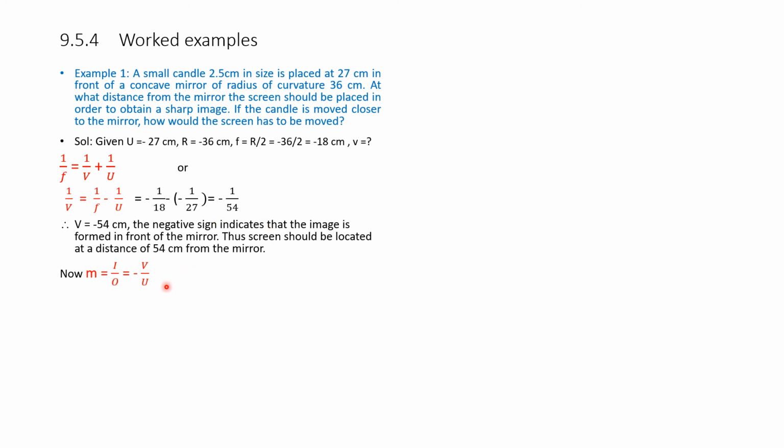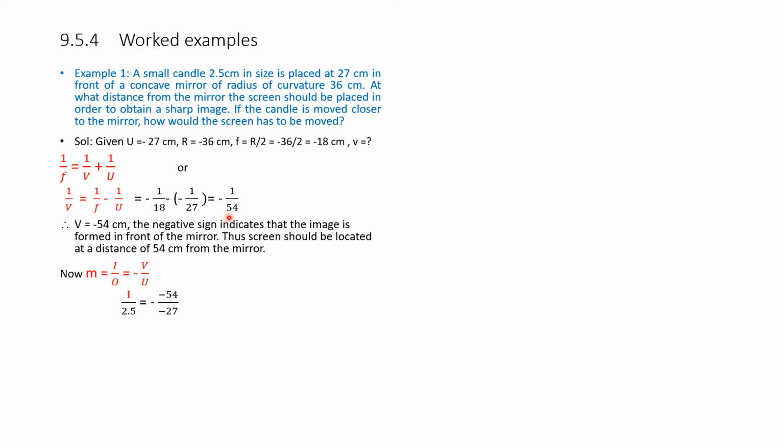Then magnification, now magnification also we have to find. We know magnification is given by the equation I by O is equal to minus of V by U, so I by 2.5 is equal to minus of minus 54 by minus 27.